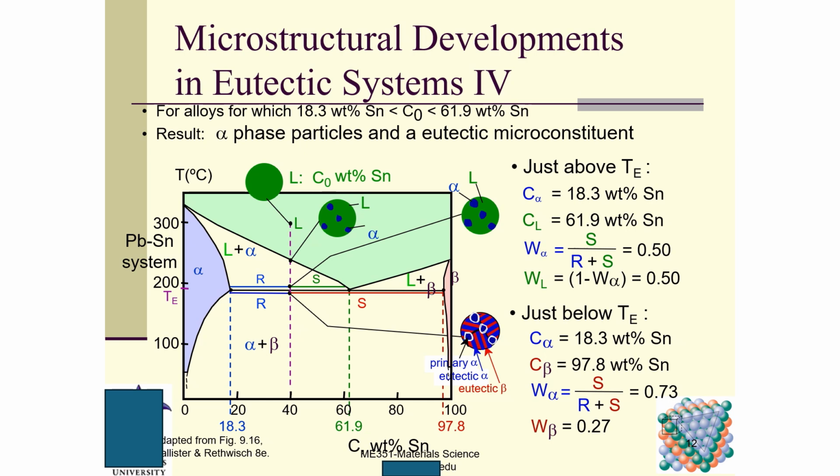Okay, and just above this eutectic temperature, we can calculate the composition of alpha and the composition of L using this tie line, and also using the lever rule to calculate the weight percentage of alpha and L. Similarly, for the point just below the eutectic temperature, we can get C alpha and C beta using the tie line and get the weight percentage of alpha and the weight percentage of beta.